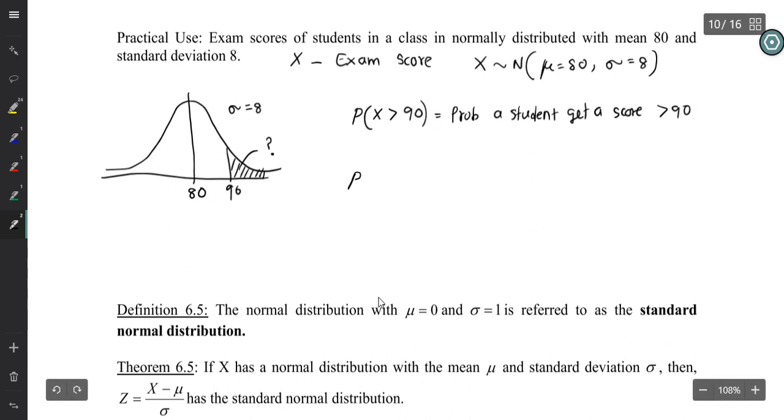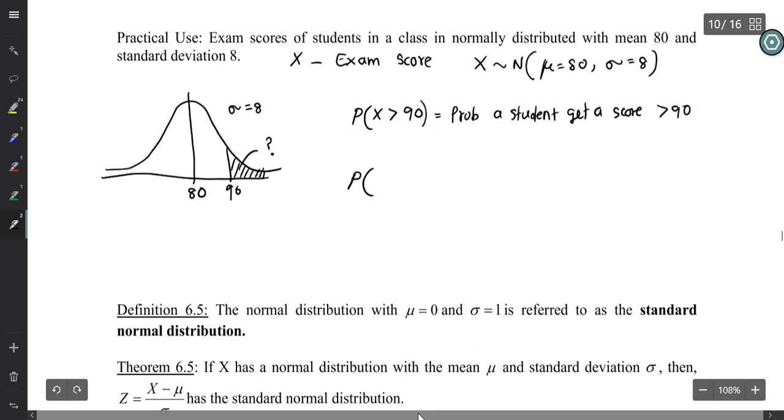Another one: what is the probability that the student gets an exam score, let's say, less than 50? How do you find this probability? 50 will be somewhere here. Less than 50 is this left tail. Now remember, in the normal distribution, these tails are very, very thin.